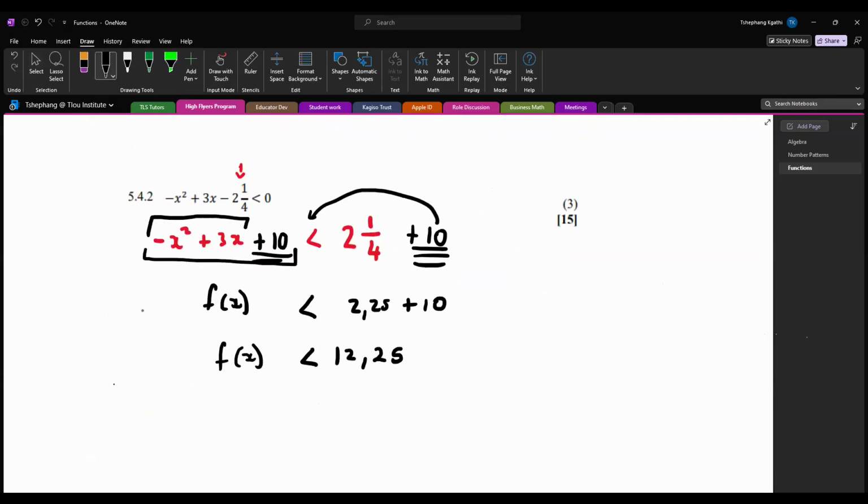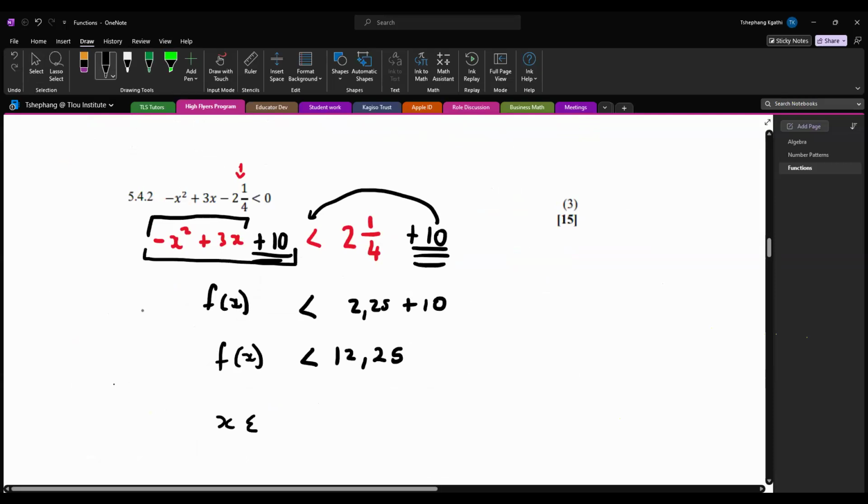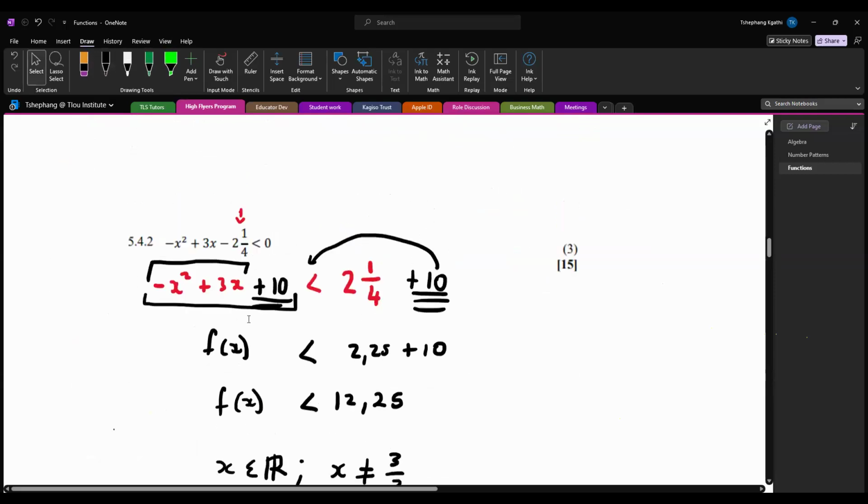So we're going to simply say that x is an element of real numbers, but x cannot be equal to 1.5. Where did I get this 1.5? This 1.5 is the 3/2. I'm going to go back up so that you can visualize what I'm saying.